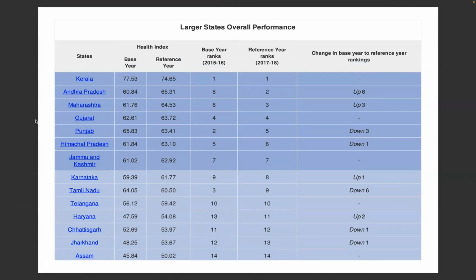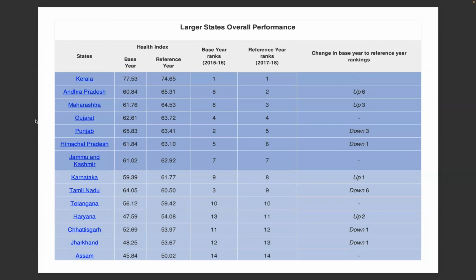Maharashtra was 6, it moves to rank third. Gujarat remains the same. Punjab was second, it went to 5, so down 3. Himachal Pradesh 5 and 6, down 1. J&K remains the same. Karnataka 9 and 8, up 1. Tamil Nadu 3 and 9, down 6 in comparison to base year. Telangana 10 and 10.